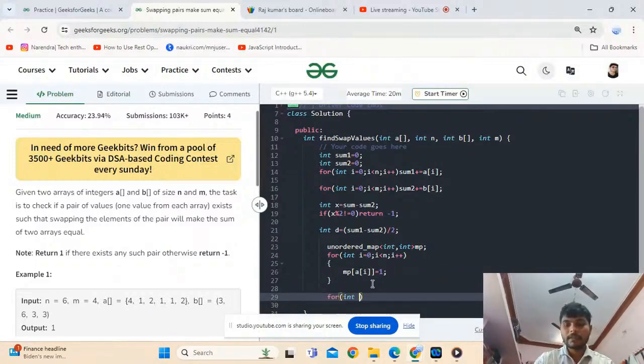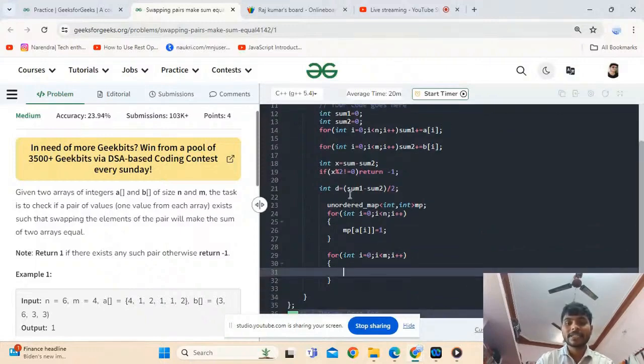For here we have to check, is there any difference: mp of d plus b of i. If it exists in the map, means, in the map we only contain a of i, right?